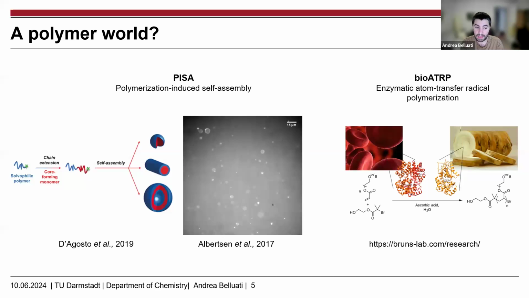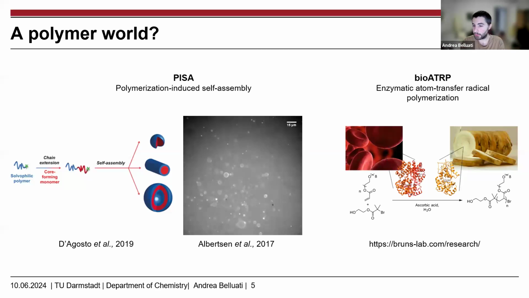tolerant, that are used to make these vesicles, which is to use some proteins and some enzymes specifically that can do these polymerizations instead of using classical metallo-organic compounds, for example.